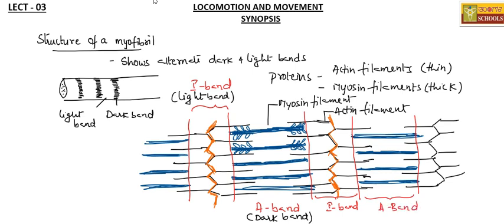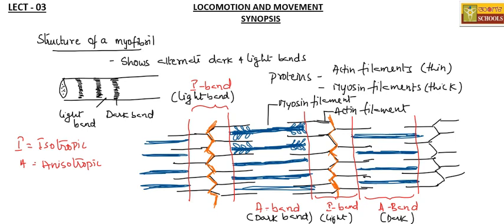Here the I stands for isotropic, whereas the A stands for anisotropic. You can see the light band alternating with the dark band, again the light band and the dark band. This is the light band, this is the dark band, and it continuously goes on.